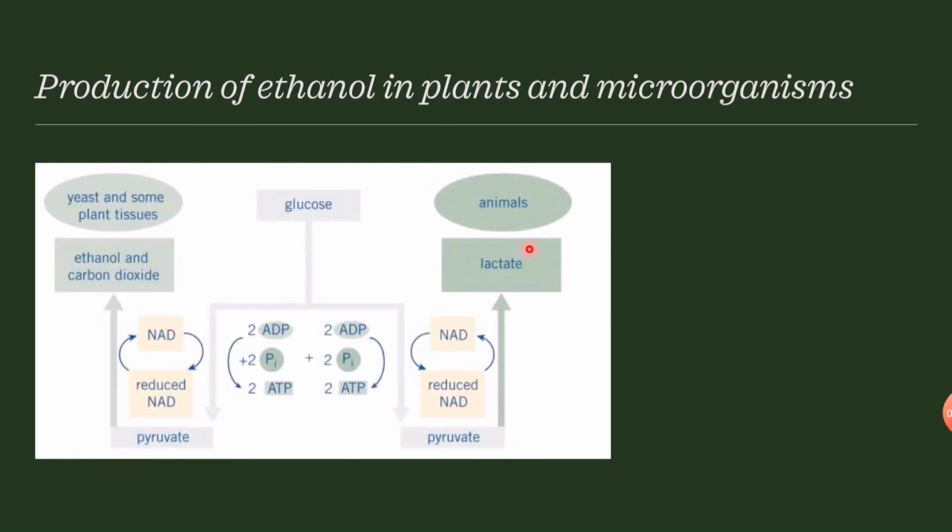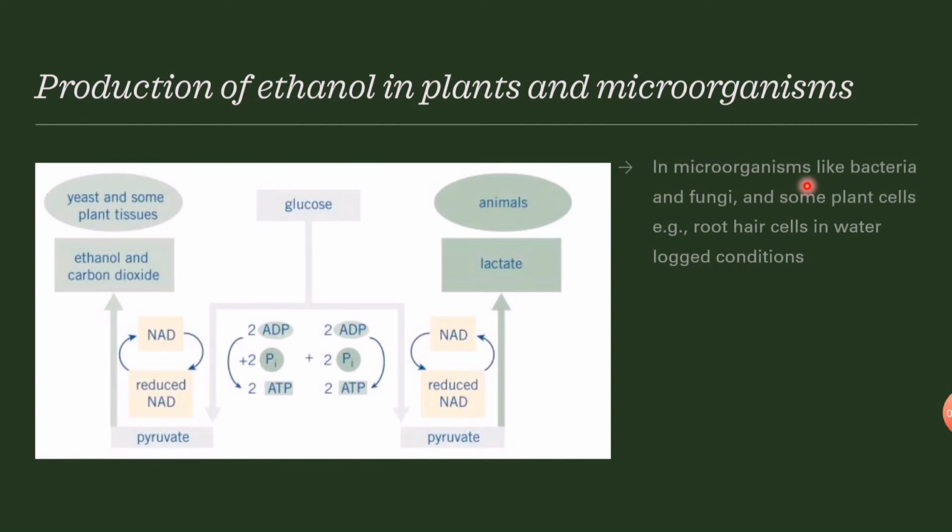Now moving on to the production of ethanol in plants and microorganisms. In microorganisms like bacteria and fungi and some plant cells, and these plant cells could be root hair cells in waterlogged conditions so they don't have oxygen available, something different occurs.